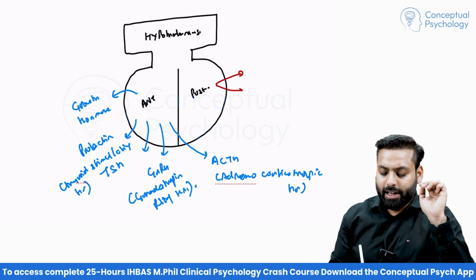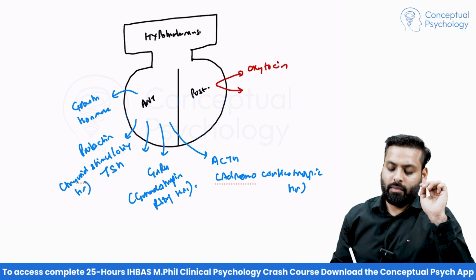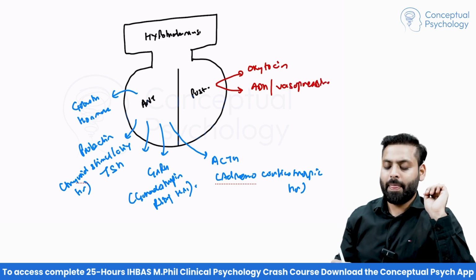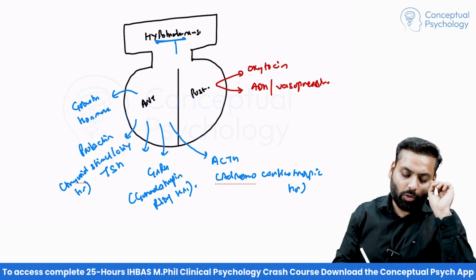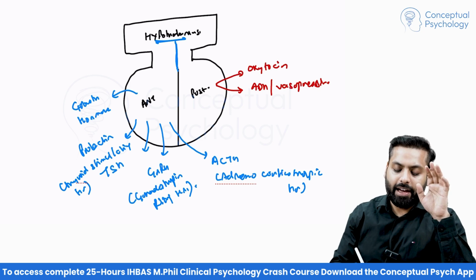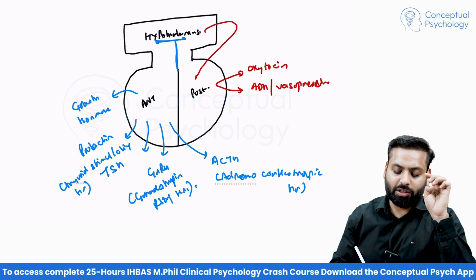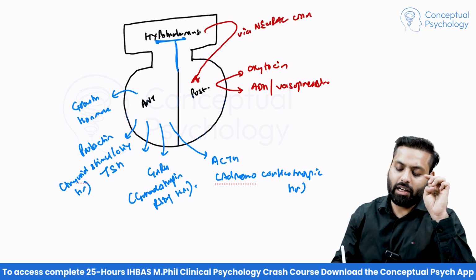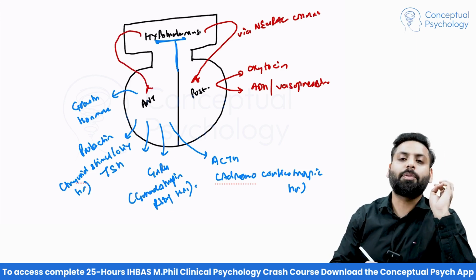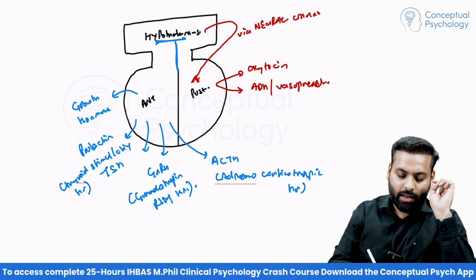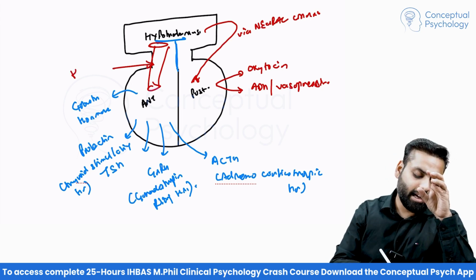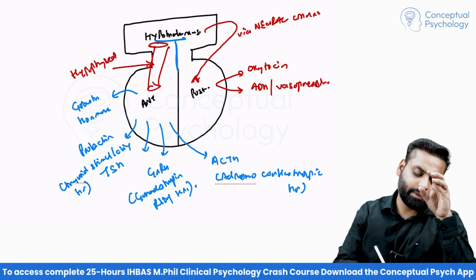Posterior pituitary releases oxytocin and ADH. ADH is also known as vasopressin. Hypothalamus controls the posterior pituitary via neural connection, whereas it controls the anterior pituitary via blood connection, which is known as the hypophyseal portal system.